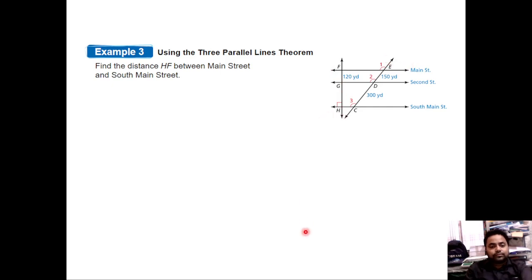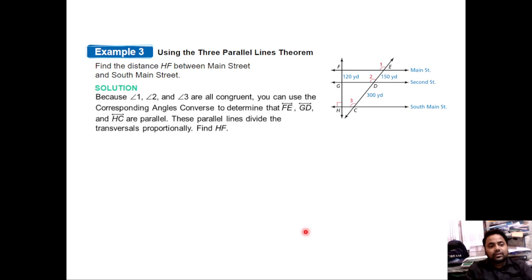Because angle 1, angle 2 and angle 3 are all congruent, and the oblique line is intersecting all three parallel lines, angle 1, angle 2 and angle 3 must be equal.